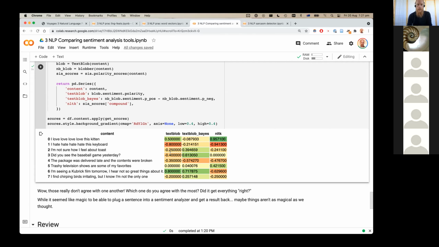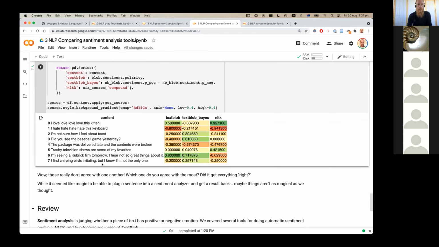With "I'm not sure how I feel about toast", that's a fairly neutral analysis across the board from the 3 different systems. And the "chirping birds irritating" sentence is also scored quite low across the 3 systems.